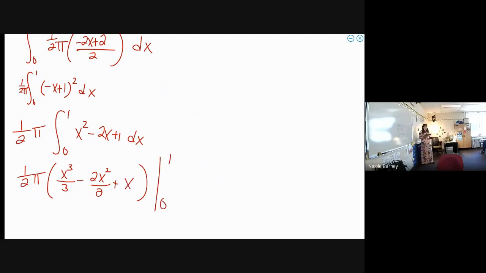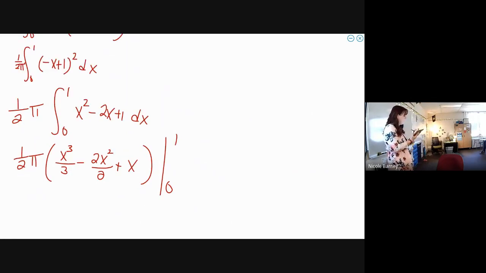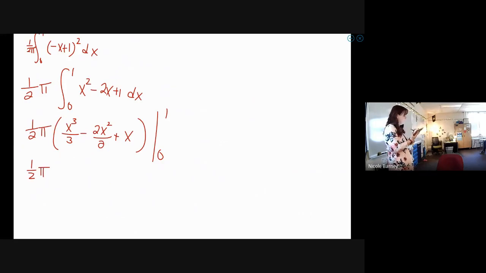So what you're asking, Casey, is does the 1/2 pi multiply by everything first? You could do either way, right? Because you could evaluate this at 1 and multiply that by this, and then evaluate it at 0 and multiply it by that. You could bring it in. I wouldn't. I would evaluate the whole thing at 1. So I would say 1/2 pi times 1/3 minus 1 plus 1.